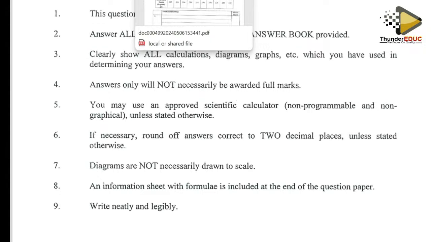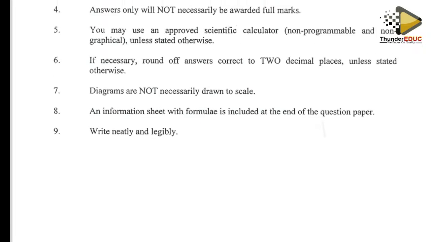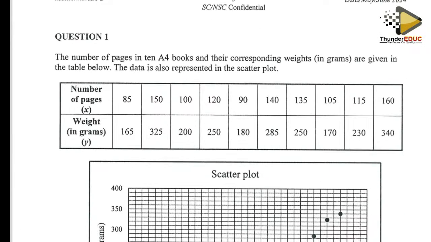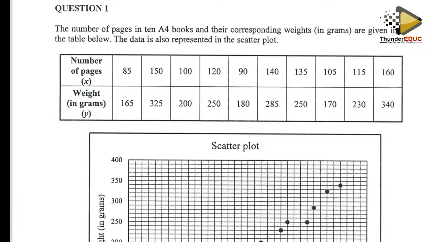Then below that, we can see Question 1 is about the bivariate type of data. The question tells us that the number of 10 A4 books and their corresponding weights in grams are given in the table below.